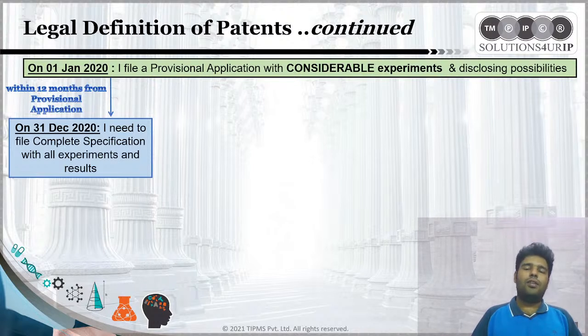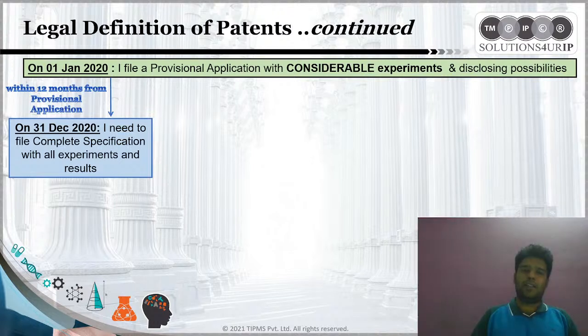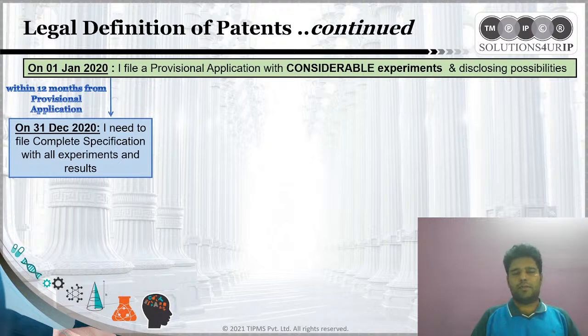If not the fullest amount of experiments, you give considerable experiments substantially to have an idea that the minimum required experimentation is there in your patent application.